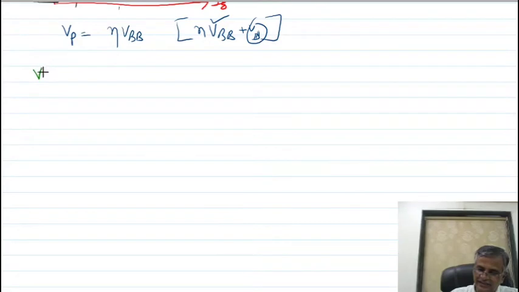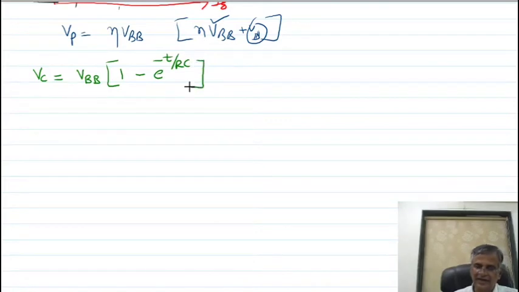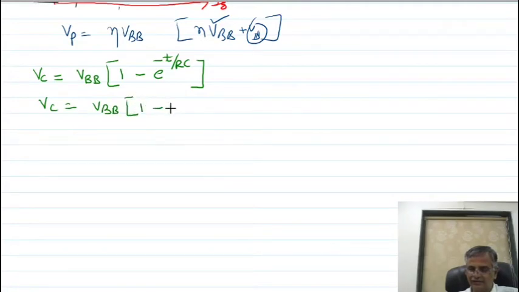The voltage across the capacitor for charging through resistor R can be given by this equation. I told you I will take this charging time as the periodic time capital T because the discharging time is very small, so I am neglecting it. So I am writing this equation: 1 minus e raised to minus t by RC.